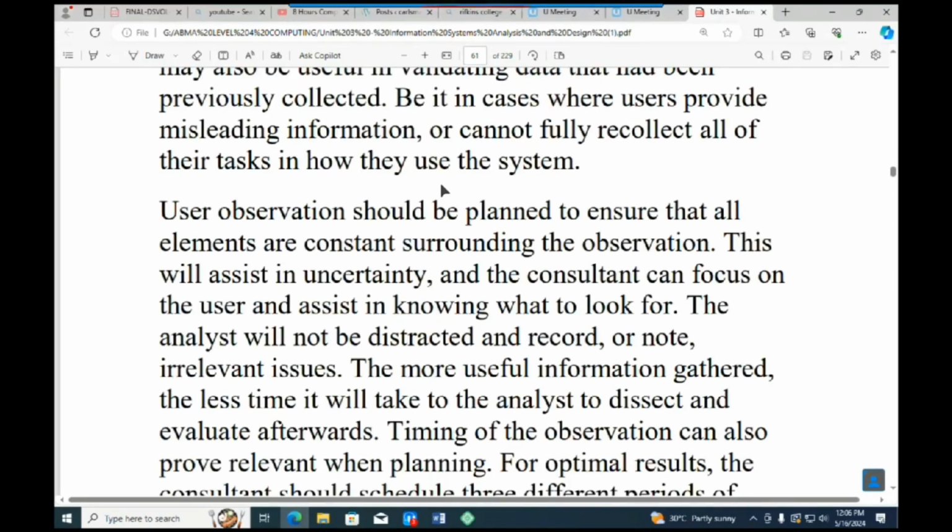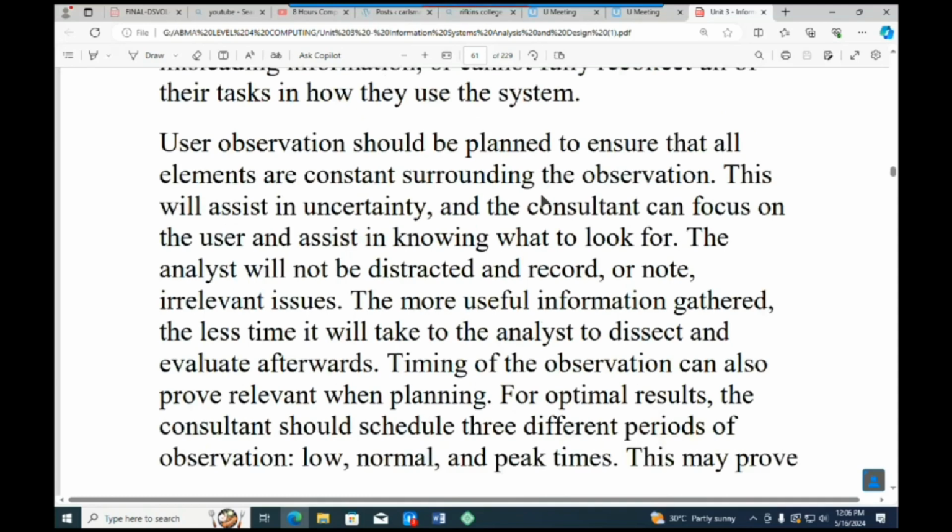So here you're going to use user observation to plan and make sure that you get all the elements that are surrounding the observation. User observation is going to assist in taking out uncertainty. It is also going to bring the focus on the user and assist on what things to look for.